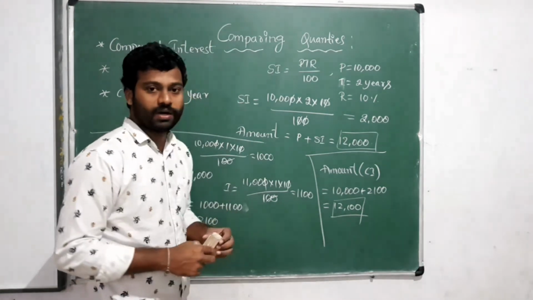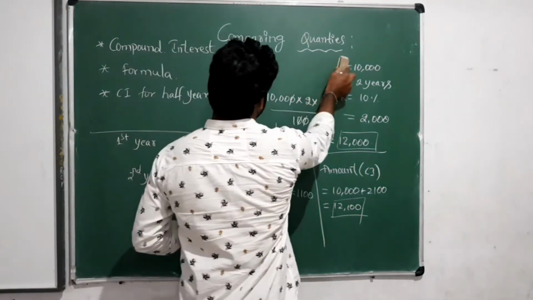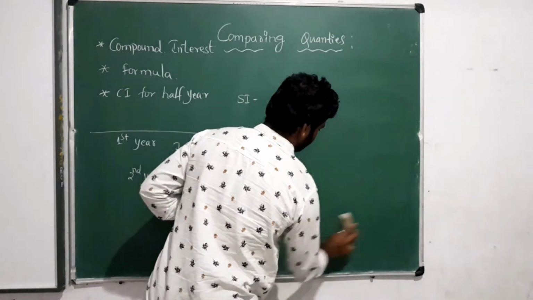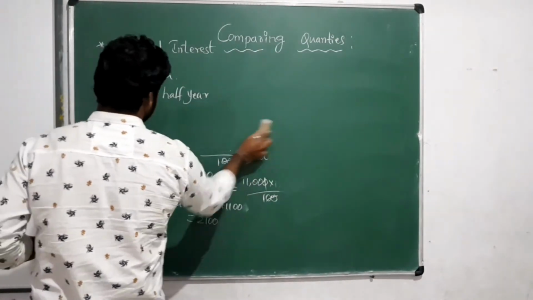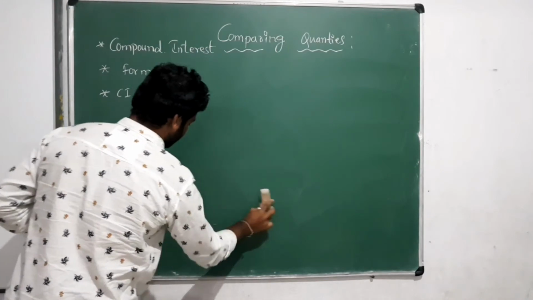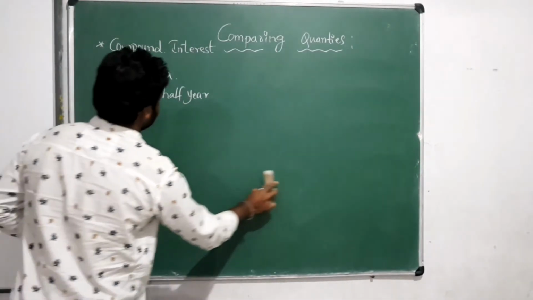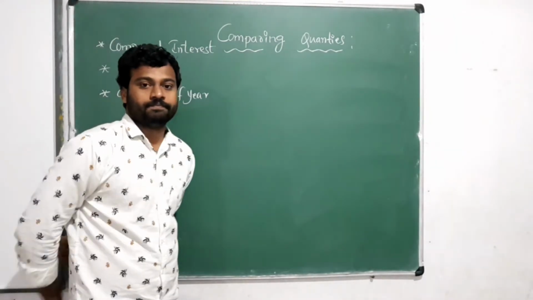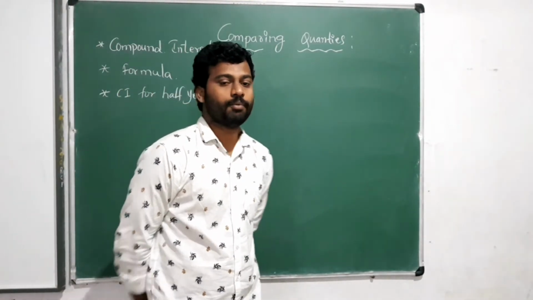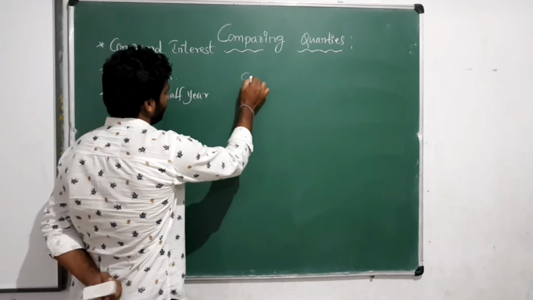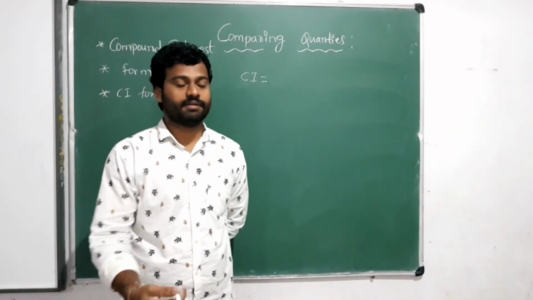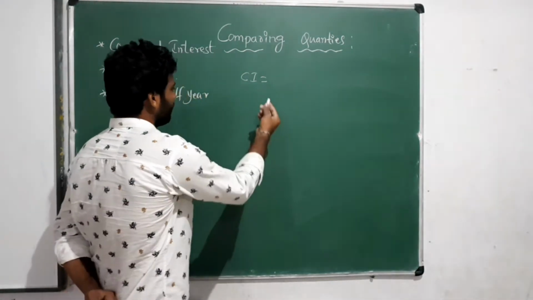Let us see what that formula is. So, the compound interest formula that we are writing as CI. Okay, for the derivation, just remember the formula.